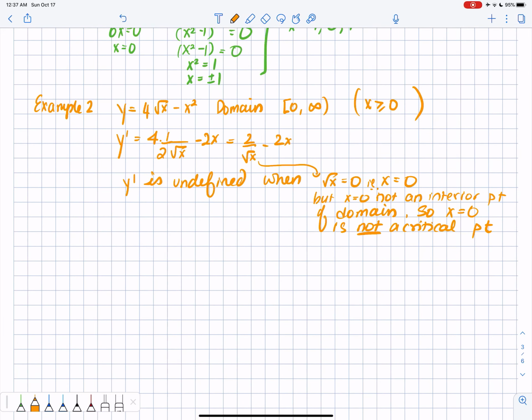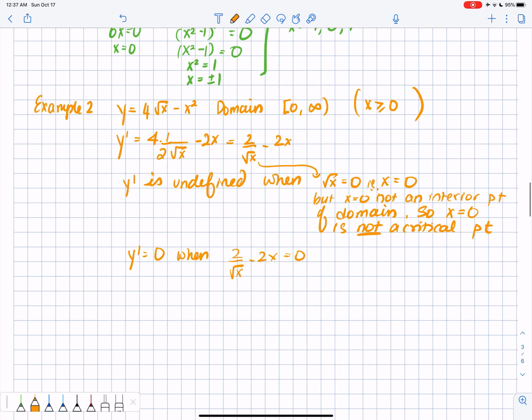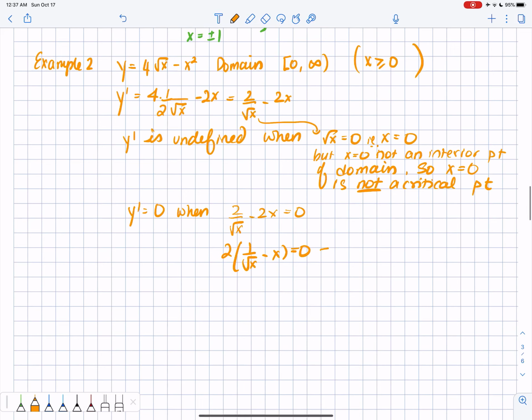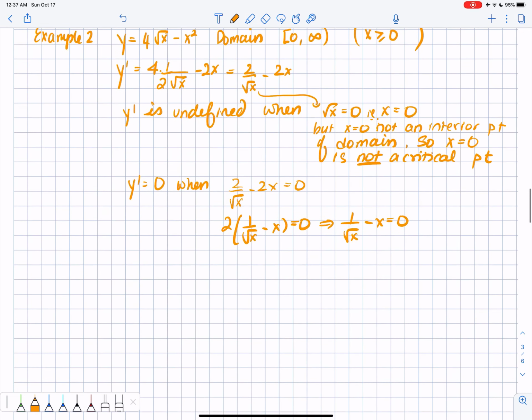So now let's see when y prime is 0. You can factor out the 2 if you want. So you get 2 times 1 over square root x minus x equals 0. So that is 1 over square root x minus x is 0. And you know x is not 0 because that's not an interior point.